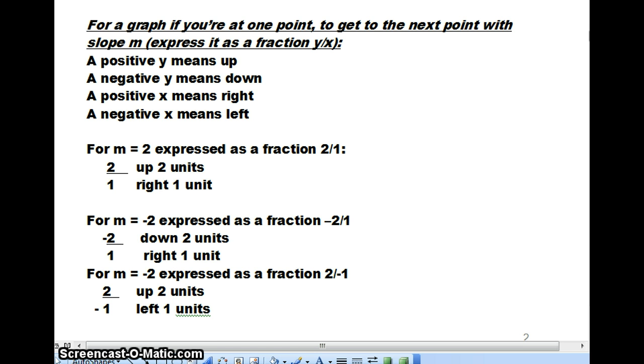And then we could keep doing that and get other points on the line. If our slope was 2 divided by negative 1, we would go up 2 units and left 1 unit. It just depends on which way we were going up or down the line. They would all be points on the line, just different directions from the point that we started at.